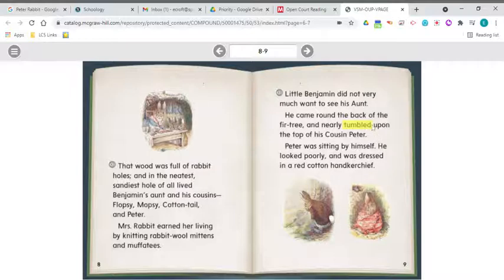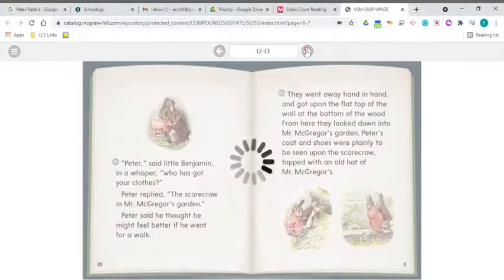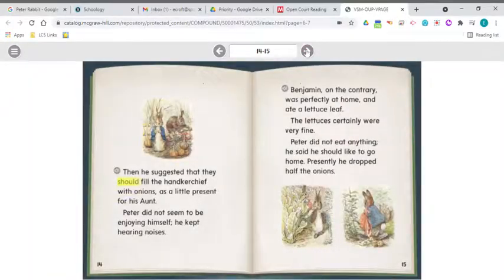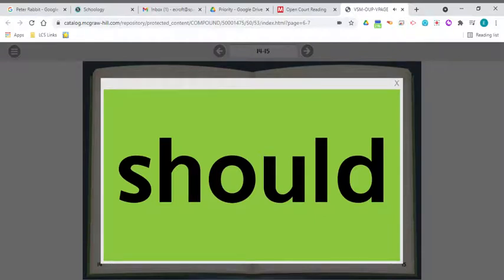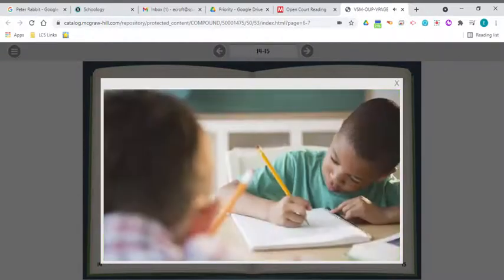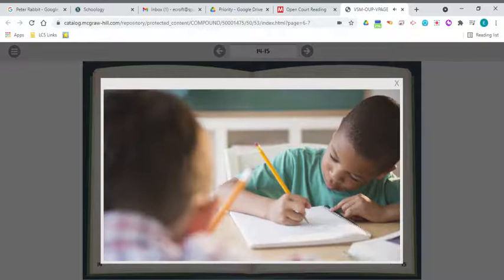All right, the next word is the word should. There it is. Then he suggested that they should fill their handkerchief with onions. Should. A word used to say that something is a good idea. We should do our homework. It is a good idea.